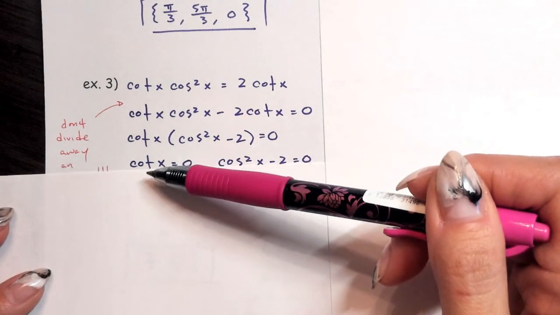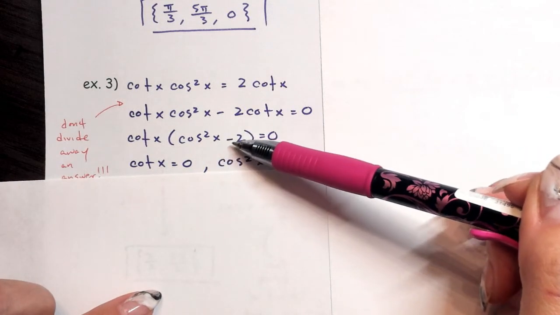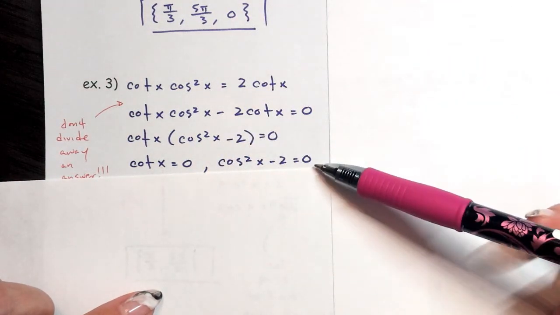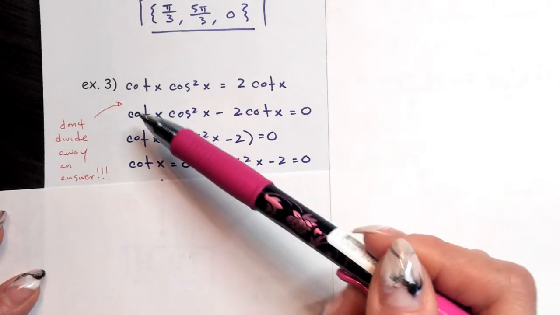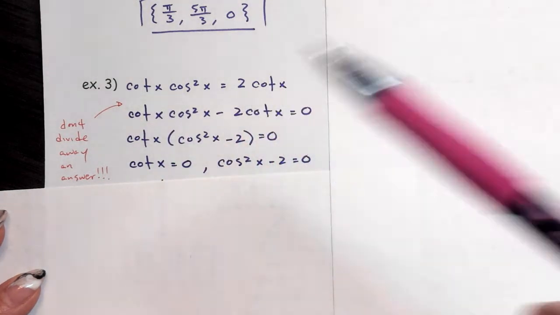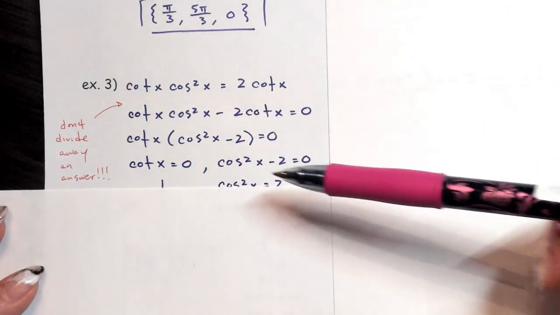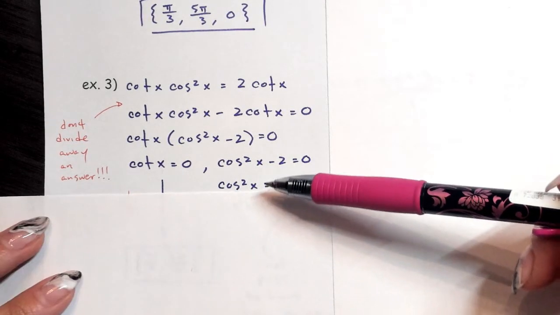Okay, so cotangent x equals 0, and then cosine squared x equals positive 2, right? So minus 2 equals 0, so equals positive 2. And then right here, you're going to remind yourself, don't divide away an answer, so you can't just divide that away, okay?